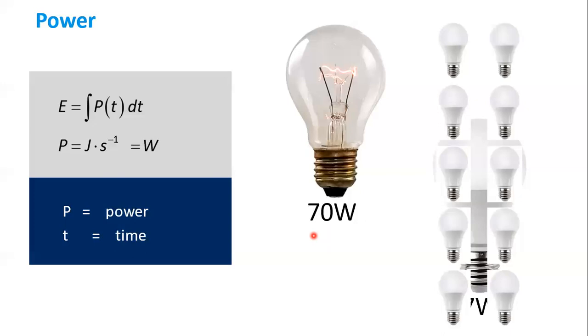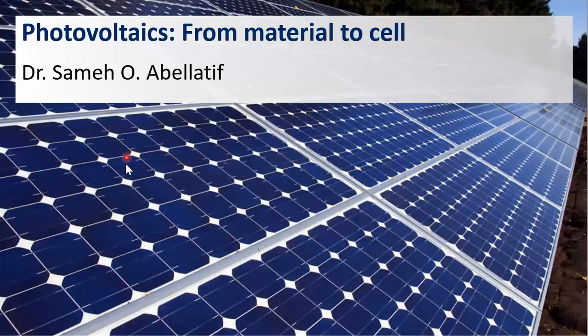So this is a major difference, because whenever we consider a PV, we consider a PV in terms of watt. For example, I can tell you this PV module is 260 watt, 230 watt, or 255 watt, or 360 watt.